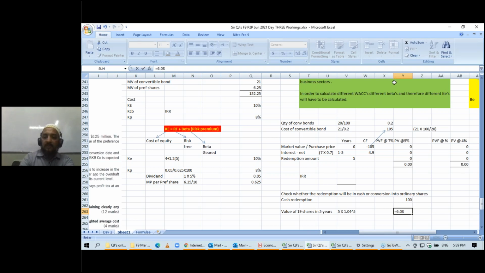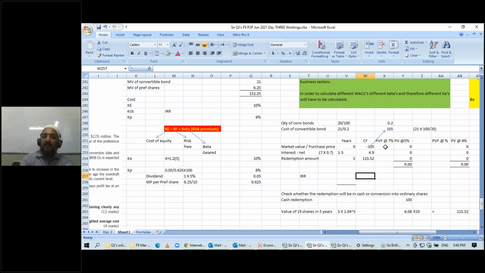So the value of the convertible bond, if multiplied with 19 ordinary shares, becomes $115.52. So this will be the redemption amount in 5 years time.